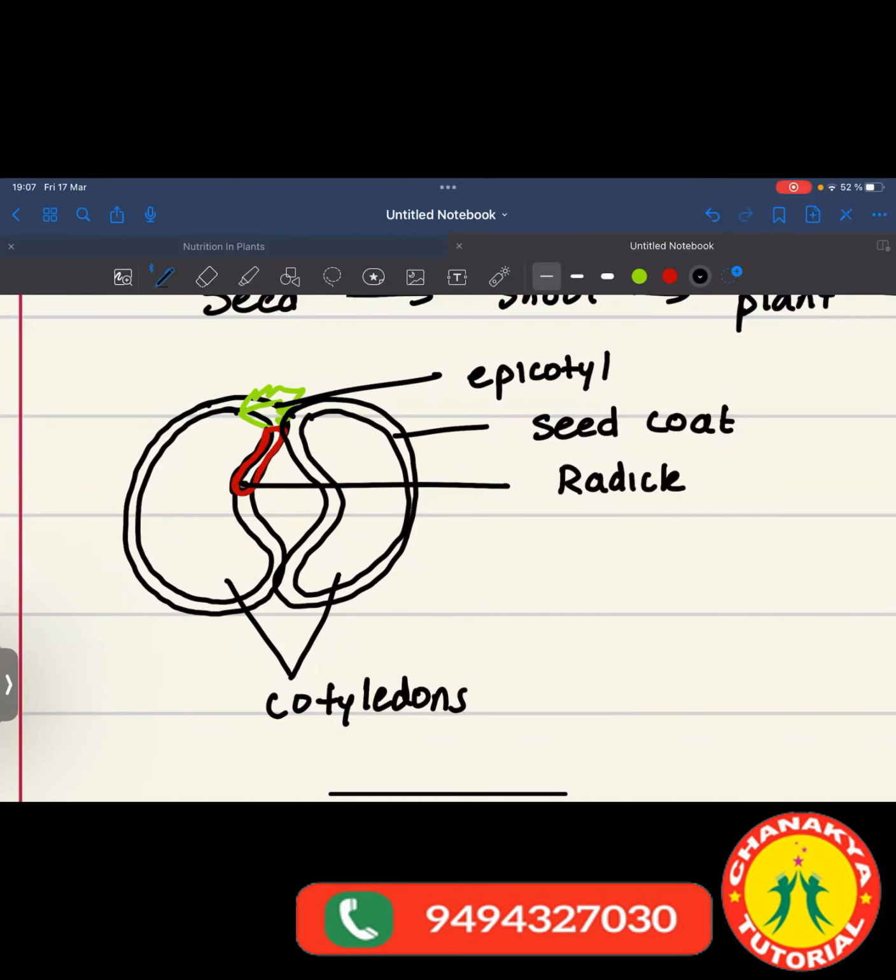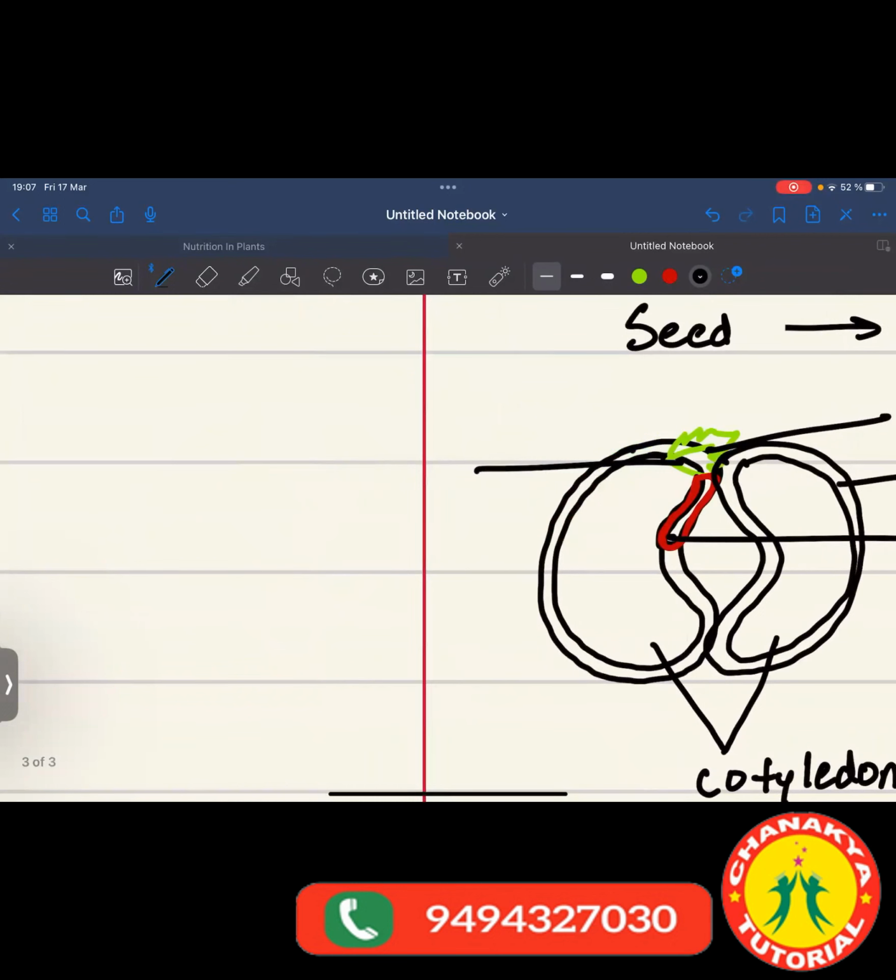And just above is the epicotyl, and just below the epicotyl, this region is known as a hypocotyl.